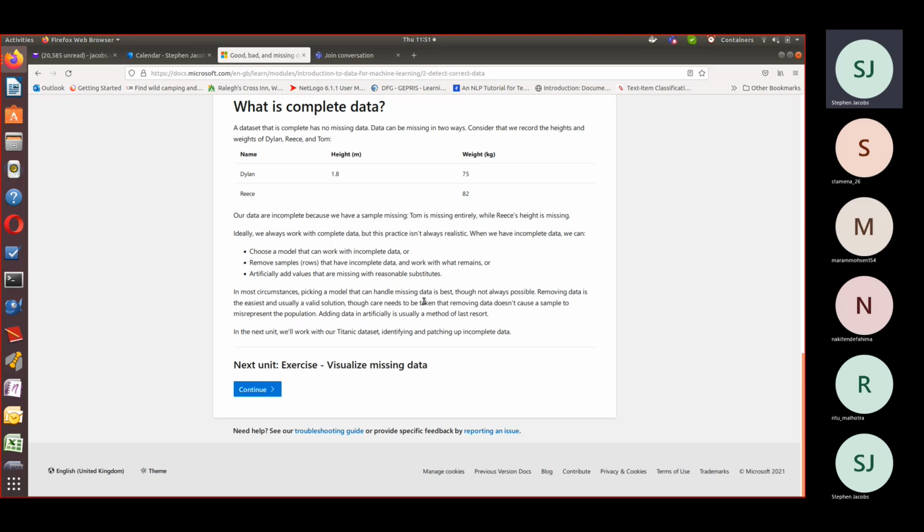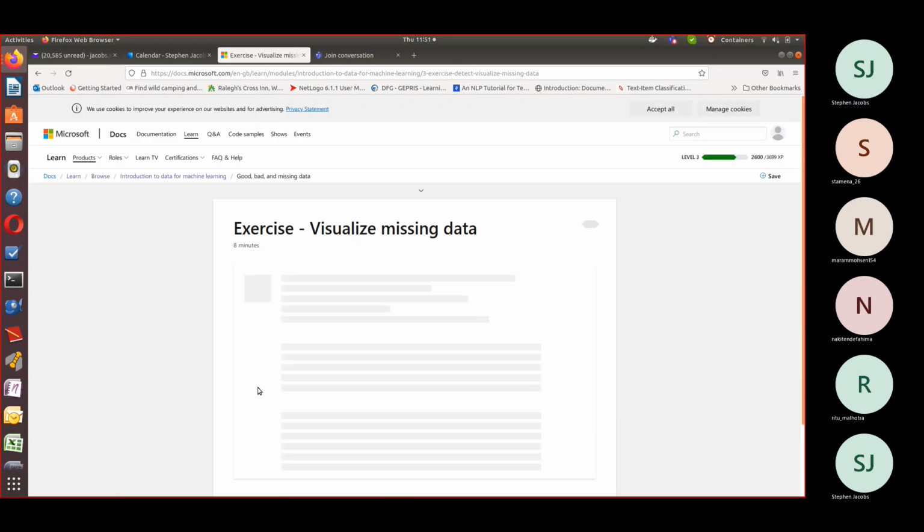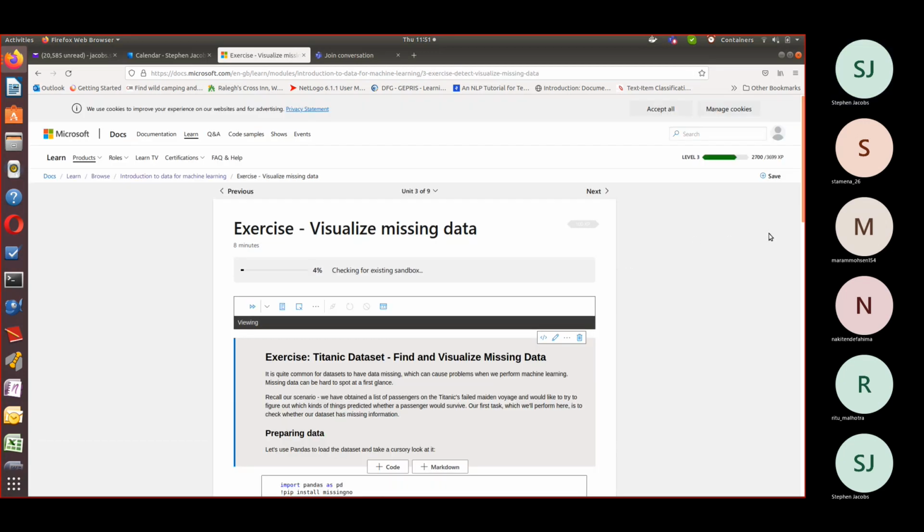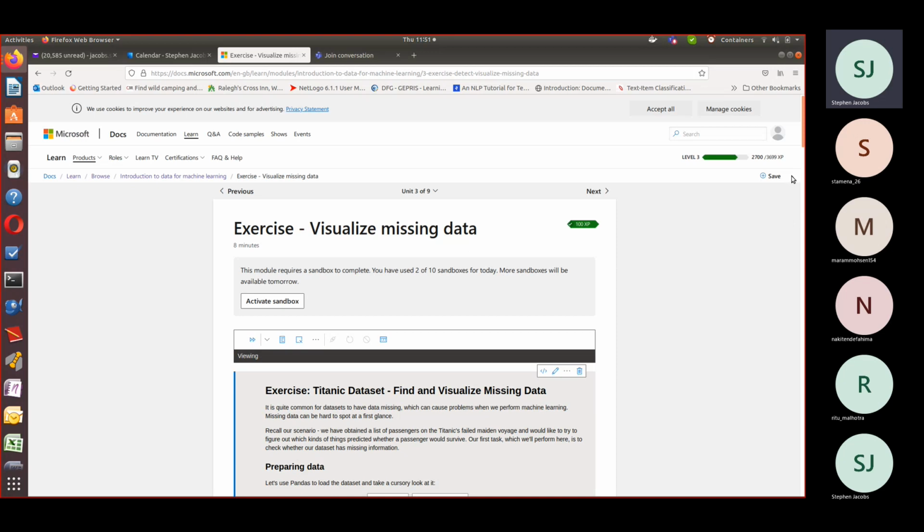So it all depends on how much data you have and how good your data is as to what techniques you employ. So let's have a quick look at visualizing missing data, and then we'll get on to the real work tomorrow.